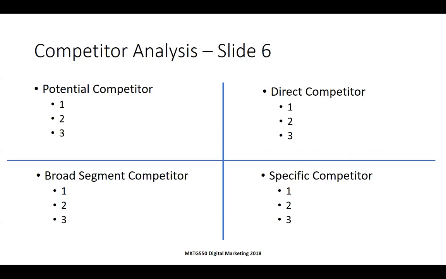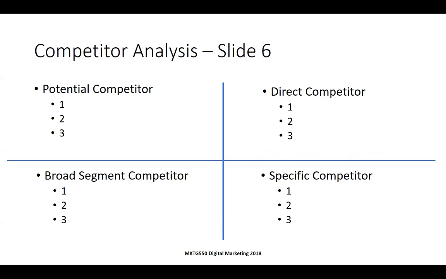A broad segment competitor, meaning, again, you see how we're getting a little bit like the top could be, the direct competitor could be in the grocery market. The broad segment competitor could be in the organic grocery market. And then the specific competitor could be talking about organic, but specialty retail or something like that.